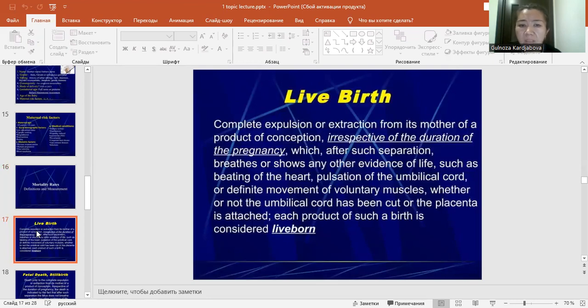It is complete expulsion or extraction from its mother of a product of conception, irrespective of the duration of the pregnancy, which after such separation breathes or shows any other evidence of life, such as beating of the heart, pulsation of the umbilical cord, or definite movement of voluntary muscles, whether or not the umbilical cord has been cut or the placenta is attached. Each product of such birth is considered as live born.